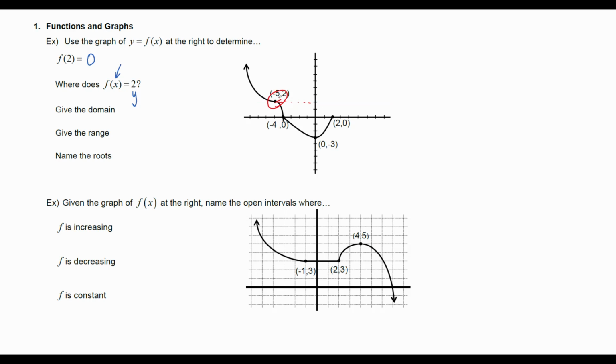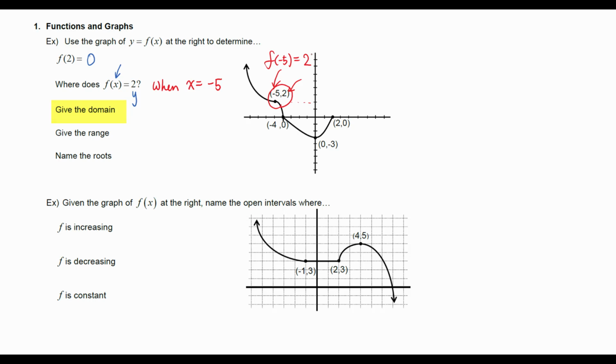That's when x is equal to negative 5, right there. When x is negative 5, f of x equals 2. In other words, f of negative 5 is equal to 2.